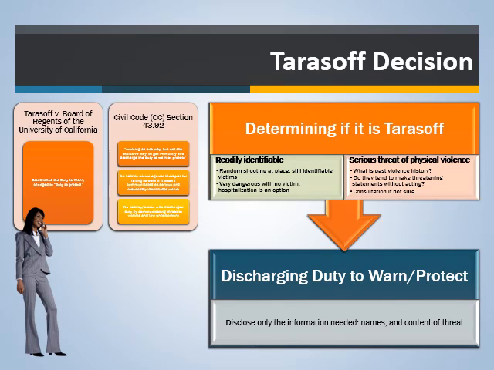So the Tarasoff decision is two things. Is the client readily identifiable, and is there a serious threat of physical violence? If both of those are true, there is the duty to warn and protect, and you need to go to both the police and the victim themselves.